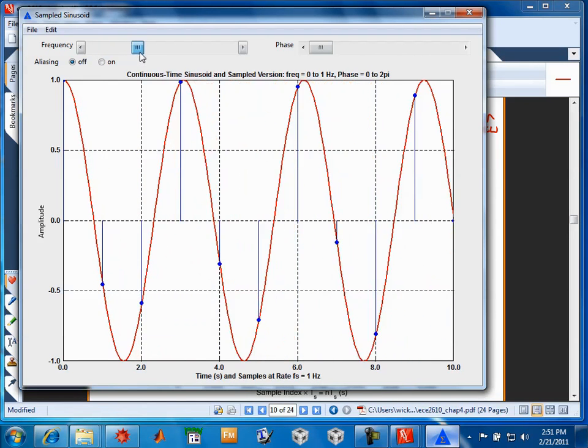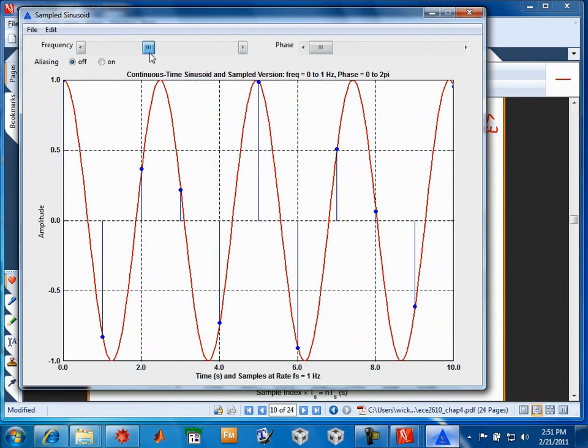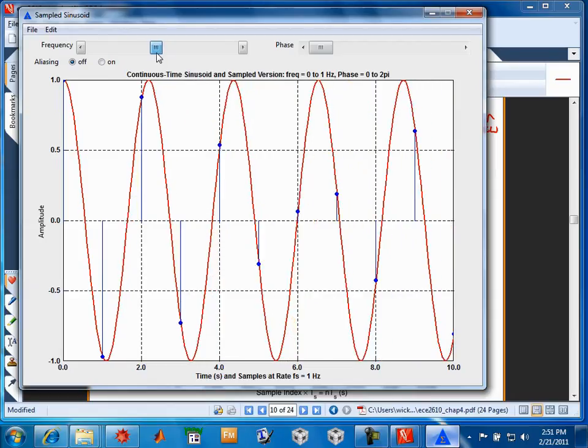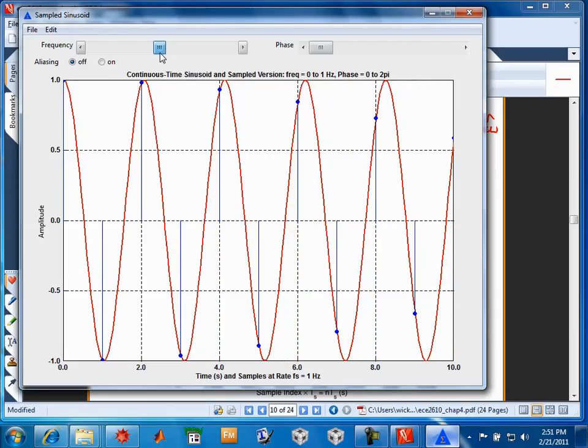I'm increasing the frequency, and as I get closer and closer to committing aliasing, in other words, if I'm sampling at 1 sample per second, what's the maximum frequency I can put into this sampler without having an aliasing problem? 0.5 hertz.